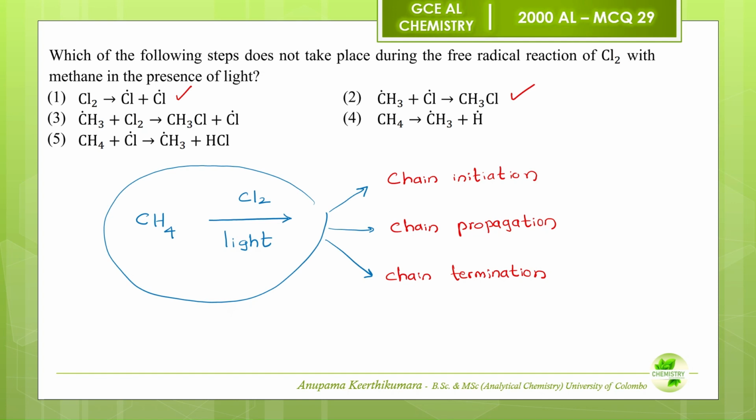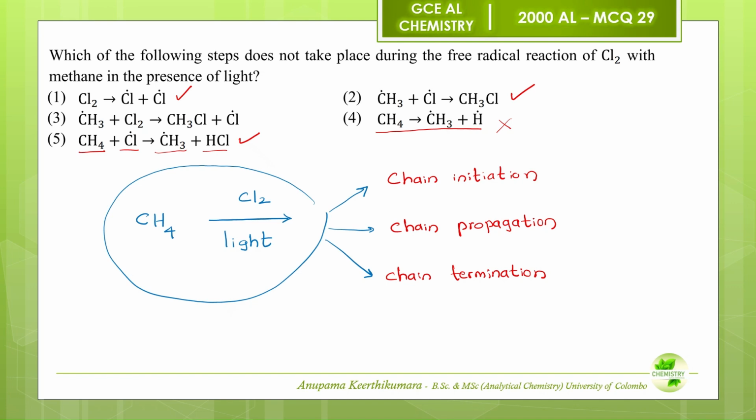Now we will come to the chain propagation. During chain propagation, methane and the produced alkyl halides always react with chlorine free radicals and convert to methyl free radicals and HCl. Therefore, CH4 reacts with chlorine free radical and produces methyl free radical and HCl. This is correct.